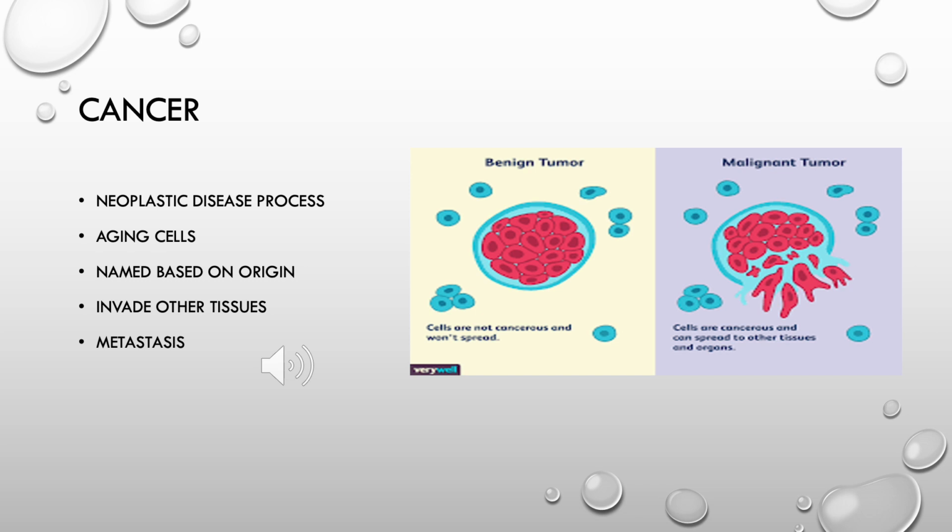The difference between benign and malignant tumors is that malignant tumors do not have a fibrous capsule surrounding them. So in other words, the malignant cells can migrate, and I talked about that. Whereas a benign tumor doesn't spread because it's encapsulated in this tight fibrous capsule.